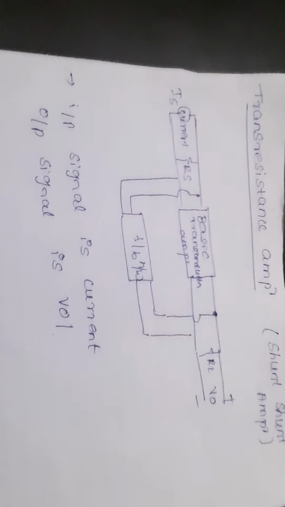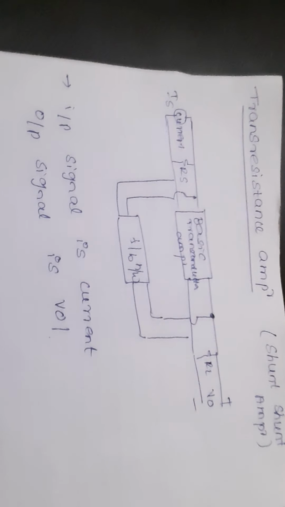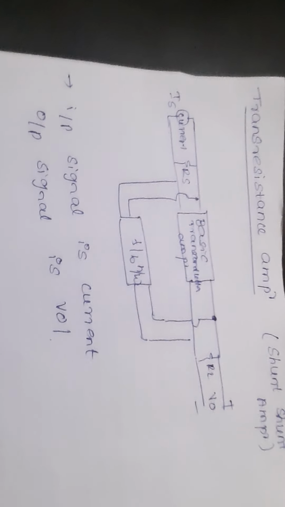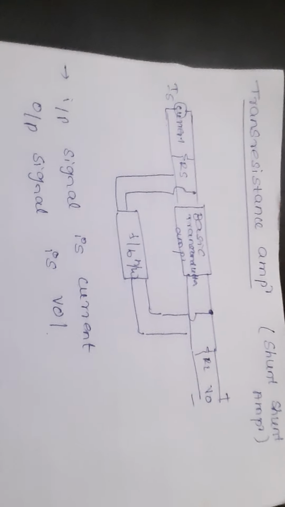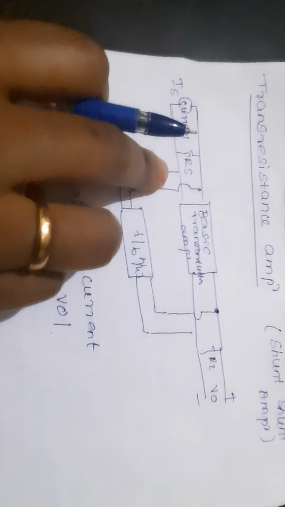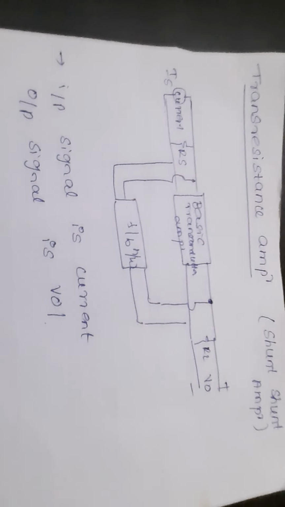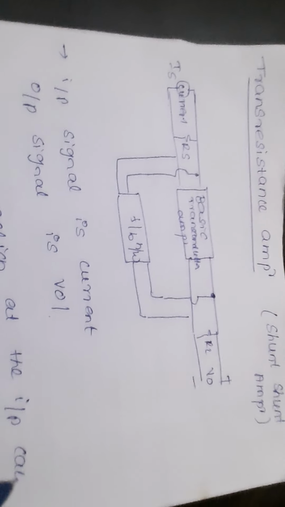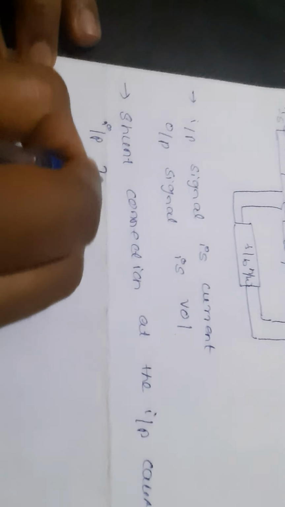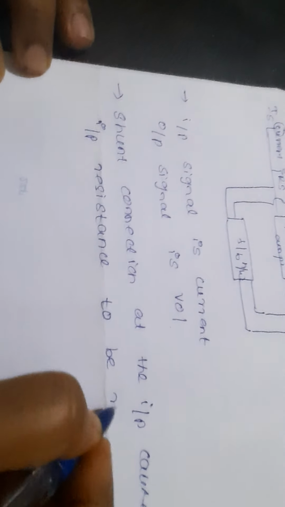The shunt connection at the input causes the input resistance to be reduced. In the transconductance amplifier, the series connection at the input causes the input resistance to be increased, whereas here the shunt connection at the input causes the input resistance to be reduced.